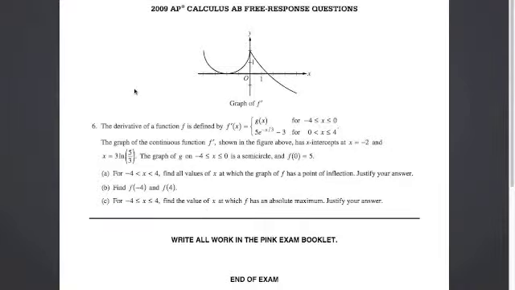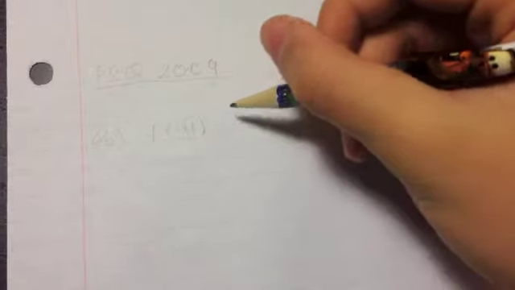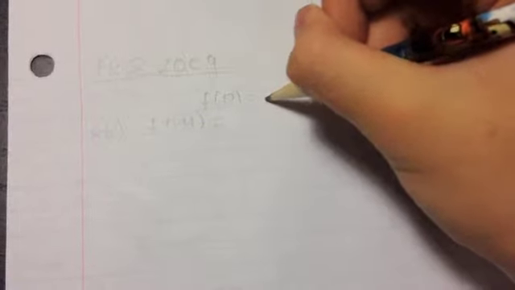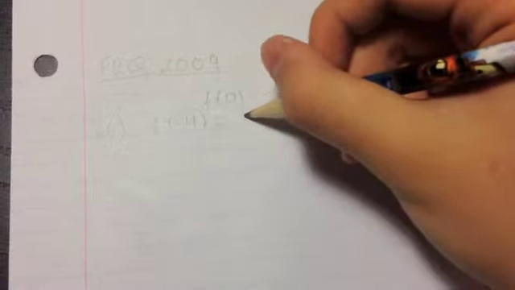And now we're moving on to part B. Sorry, I need my pencil. So for part 6B, we're trying to find f of negative 4 and f of 4. So we're starting with f of negative 4. In order to do this, we have to recall that when you take the integral of something, you'll get something plus c.